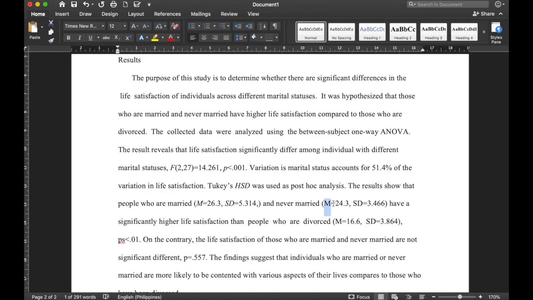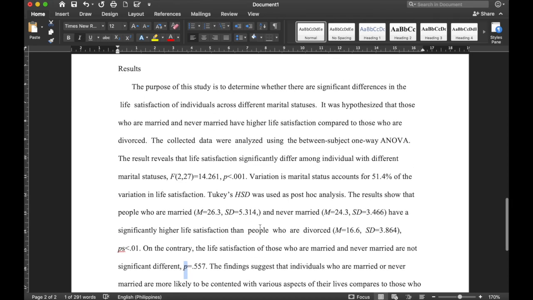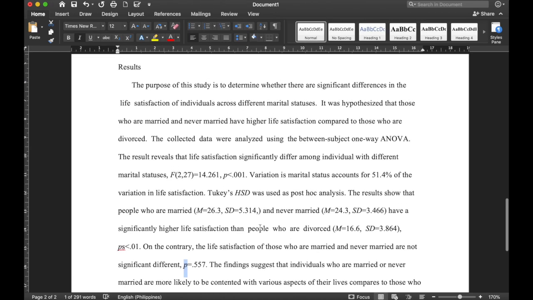Okay, all notations must be italicized. Italicize the p, but not the s, which makes it plural.